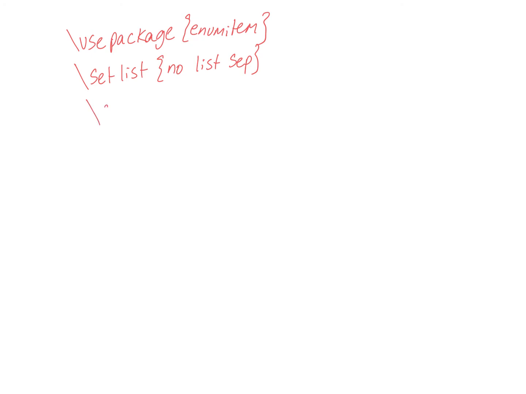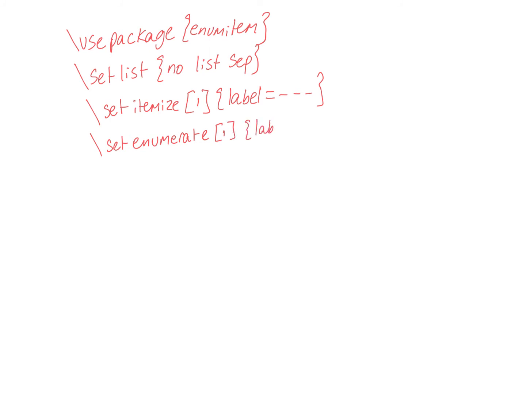And let's set the itemize, these are 3 dashes, okay. And let's set the enumerate. So see what all of this does to your document. And label. Now labels is what it would look like, okay. Script size.